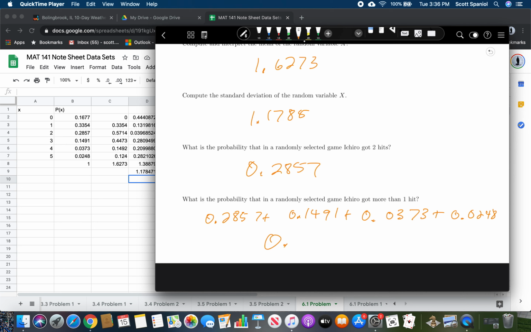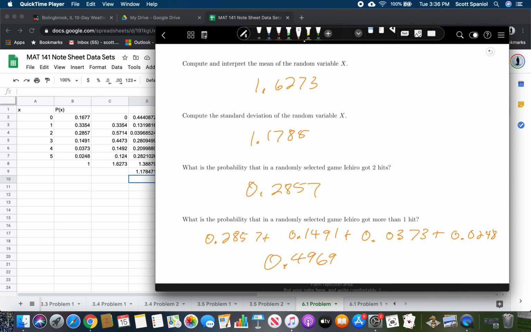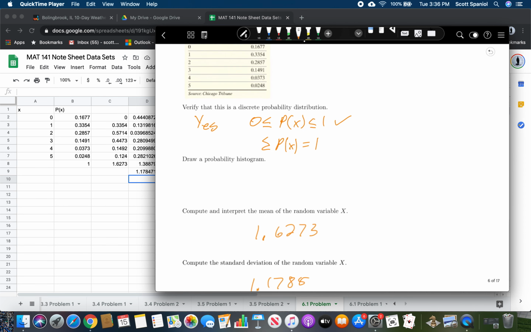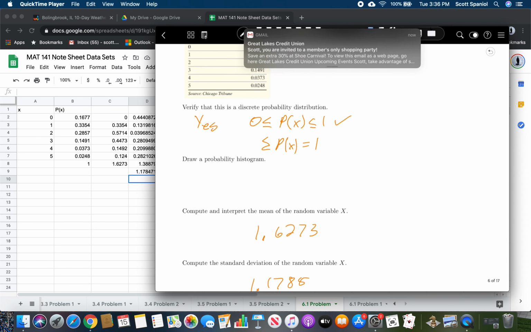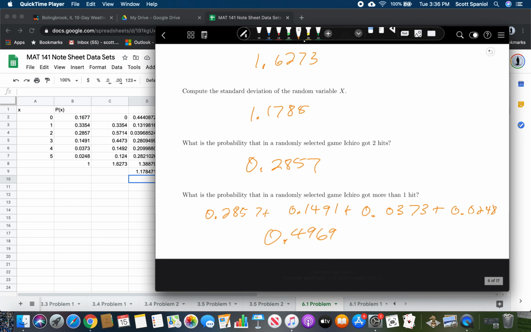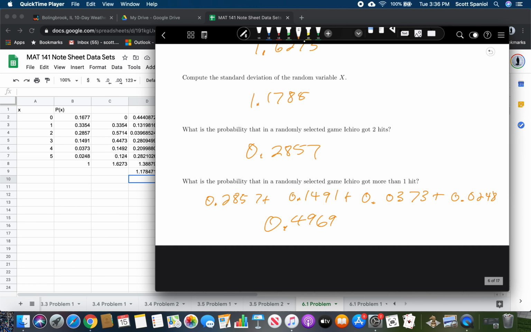And so that's 0.4969. So in about half the games, he got at least 2 hits. Okay, and so that's the idea of how you can find the mean and the standard deviation. So there's no really good shortcut with the way we're doing this, but that is probably the best way to do it, is using Google Sheets.